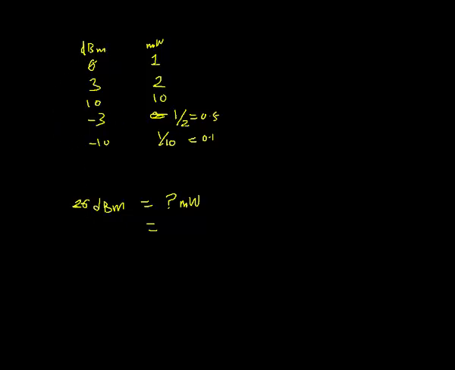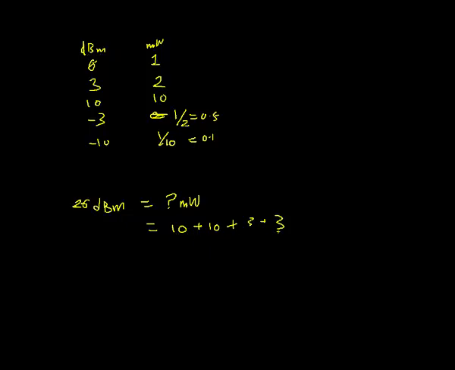So 26 is a combination of 10 plus 10 plus 3 and 3. All of these are dBm.